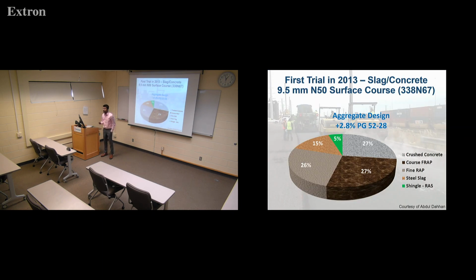With the first trial, done in 2013, the typical mix was an N50 mix design for the surface course with a 9.5 nominal max aggregate size, and 97% of the material was coming from recycled sources: crushed concrete, coarse RAP, fine RAP, steel slag, shingles. The virgin material present was just the binder, around 3 to 4%, depending on the design.